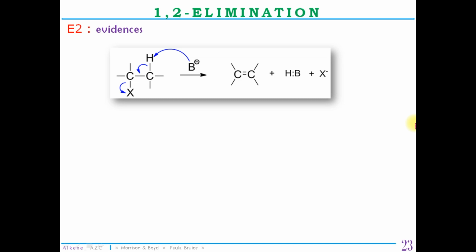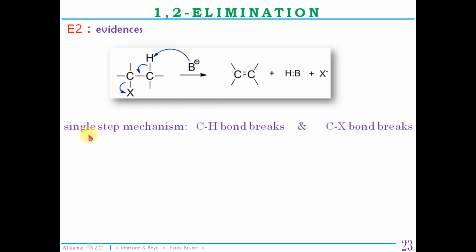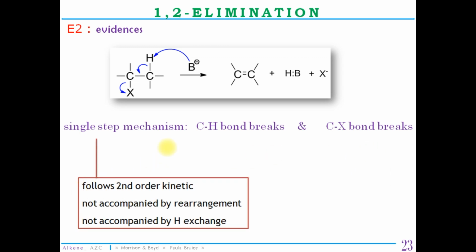Evidences for E2. For evidences, we need to see what is happening in the mechanism of E2. Here, it is a single step mechanism where the C-H bond breaks and the C-X bond breaks. We have some evidences: the reaction follows second order kinetics.